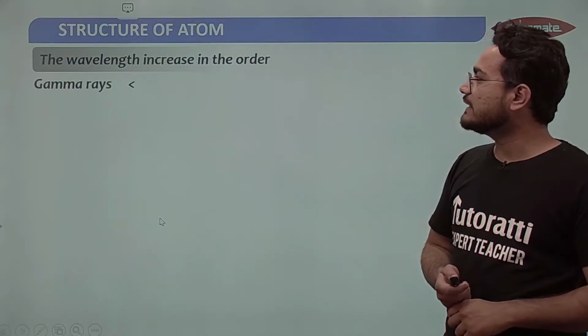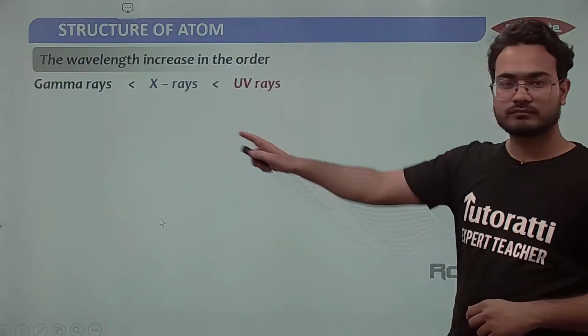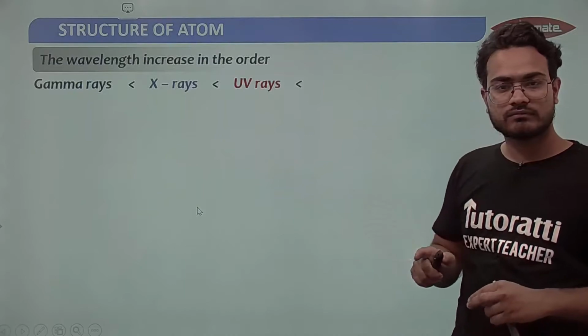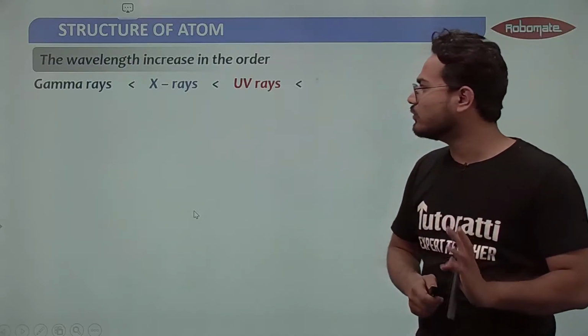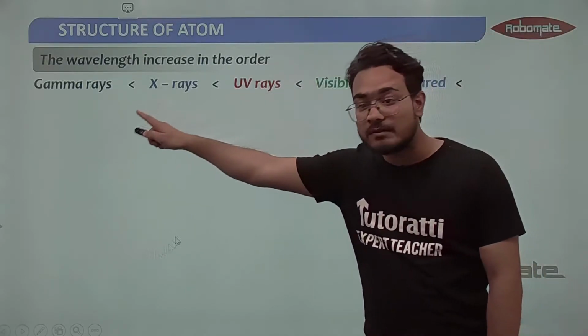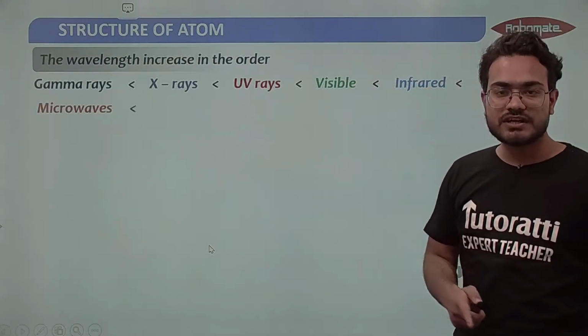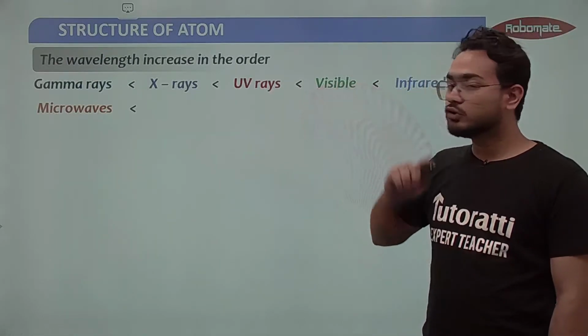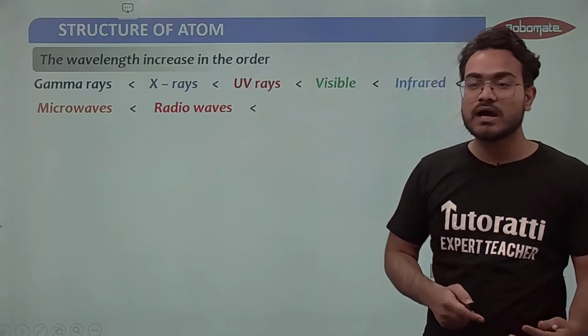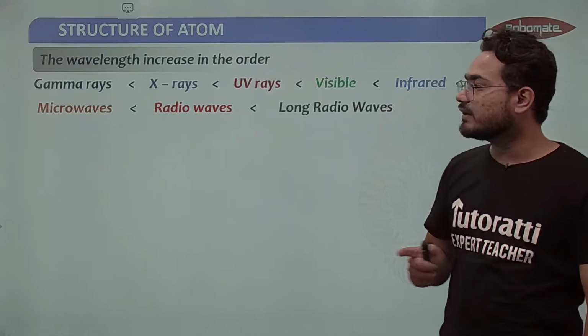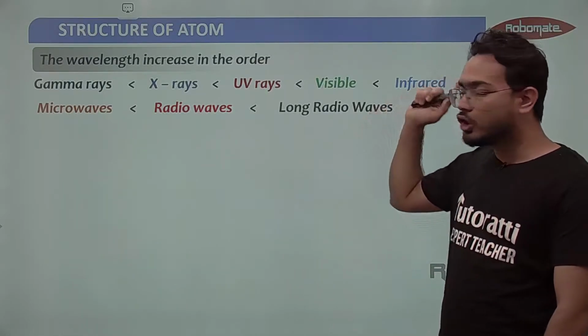So the wavelength increases in order. This is the actual order, which we already know by now: gamma rays have minimum wavelength, after that X-rays, then UV rays, then visible, then infrared, microwaves, radio waves, long radio waves.